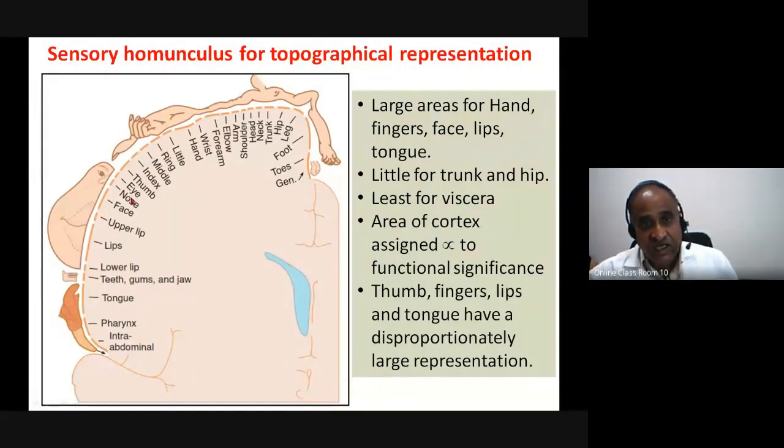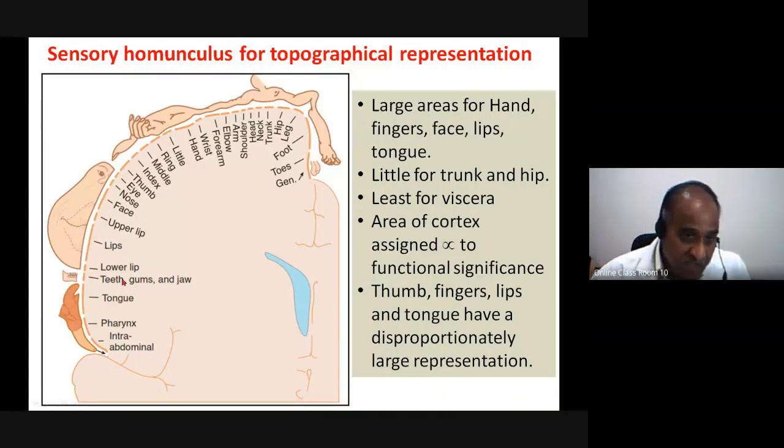Then we have the eye, nose, face, upper lip, with large representation. Then the jaw, tooth, gums, and lower lip. And we have the tongue there, large representation, the pharynx, and the intra-abdominal, which has a little.